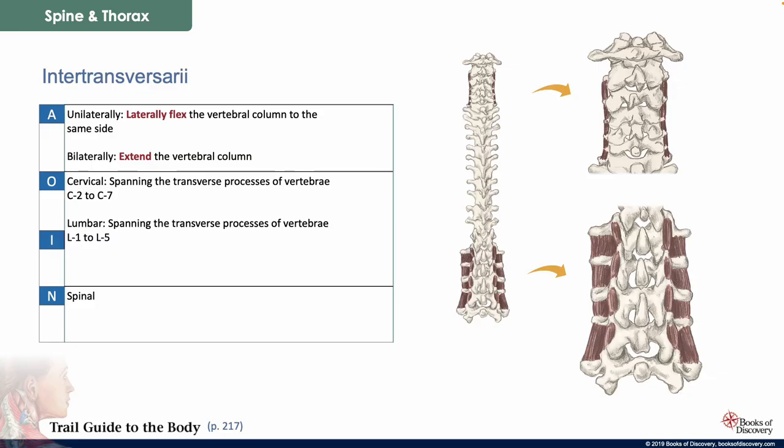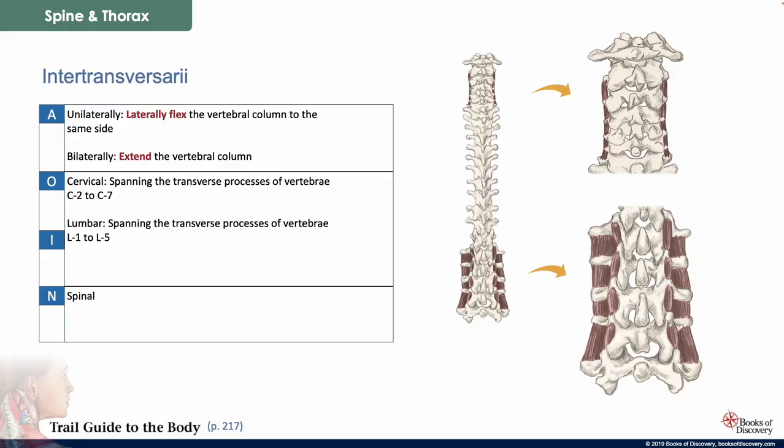Okay. This one's really hard to say. Don't judge me. Intertransversi, or whatever you want to call it. So these are tiny, tiny little muscles that are literally in between all of the vertebrae. In between the transverse processes. So that's hence the name intertransversi.